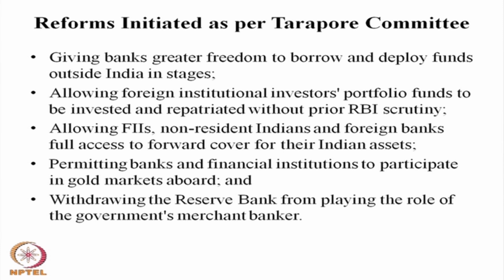Generally, the RBI played a leading role as a foreign currency buyer or seller for the Government of India, and the committee recommended that the RBI should be removed from acting as an agent for the government, because it influences the exchange rate system. As the controller of the exchange rate market, the RBI should not be a buyer and seller in the foreign exchange market. That is the recommendation of the Tarapore committee.